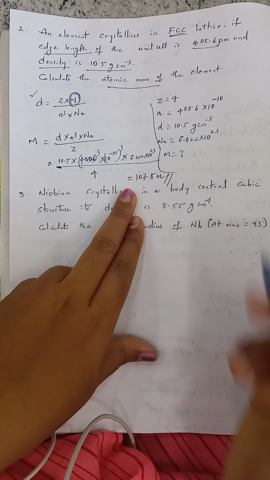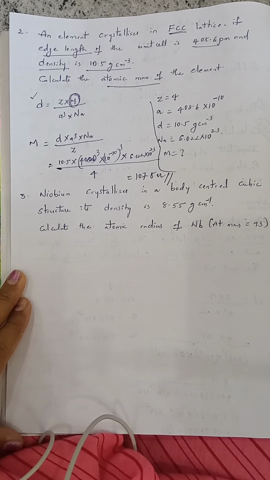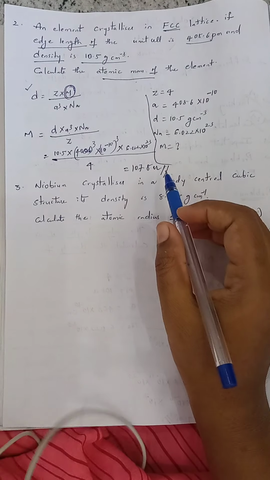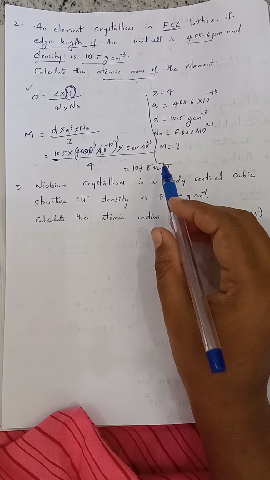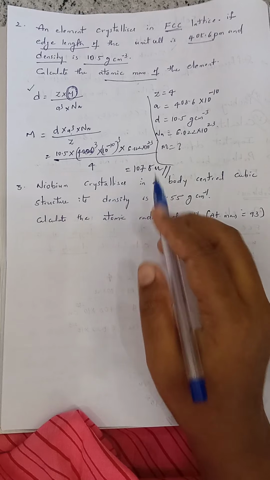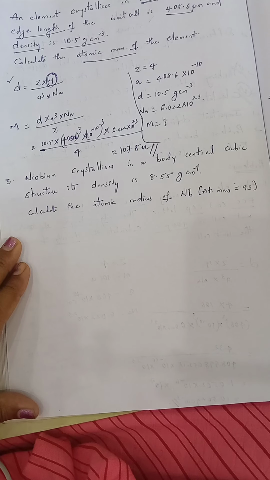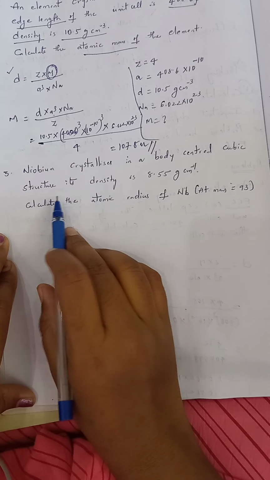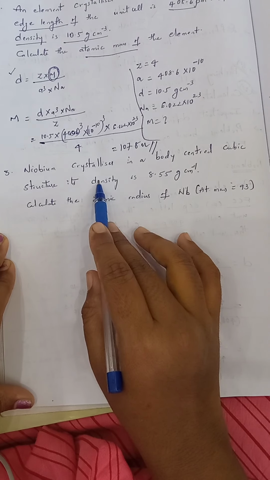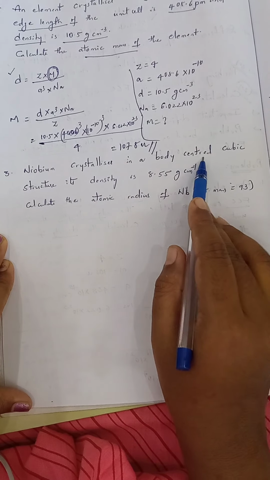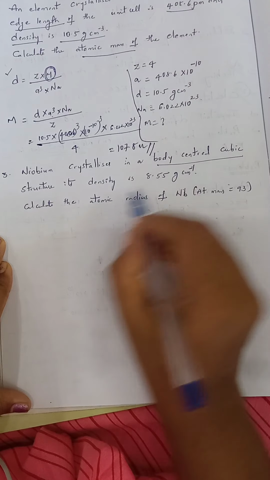That is 107.8 unified mass. That means if density is given, based on the density you can easily find out the atomic mass of the unit cell.